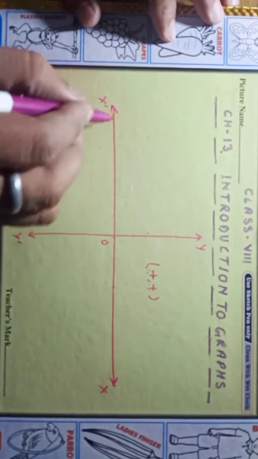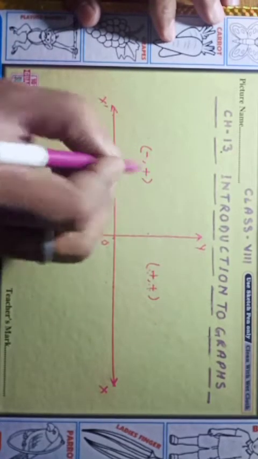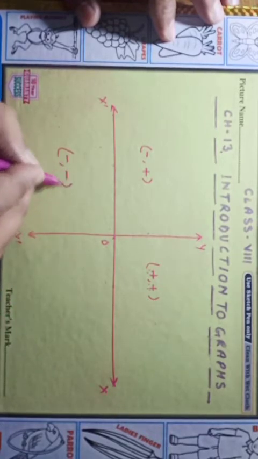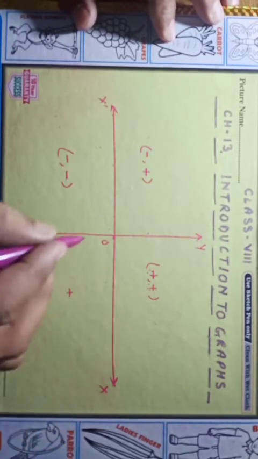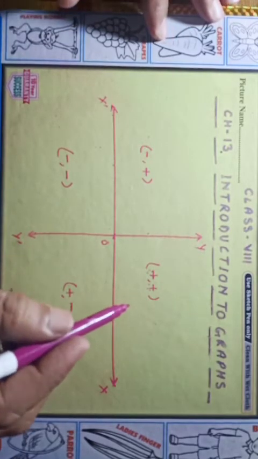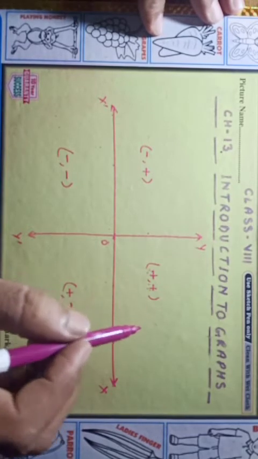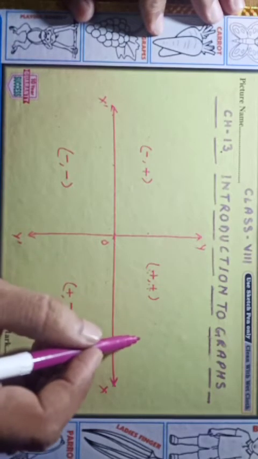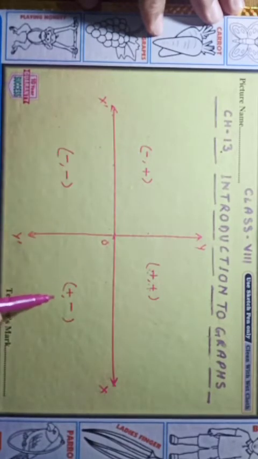In the second, x is negative and y is positive. In the third, both coordinates are negative, and in the fourth, x is positive and y is negative. So the signs are plus plus, minus plus, minus minus, plus minus.